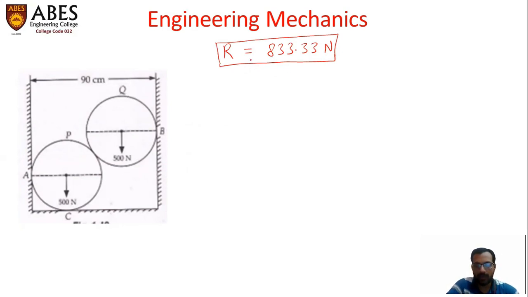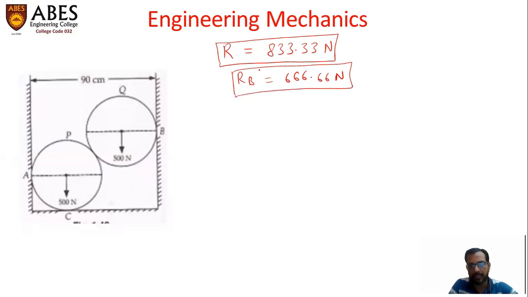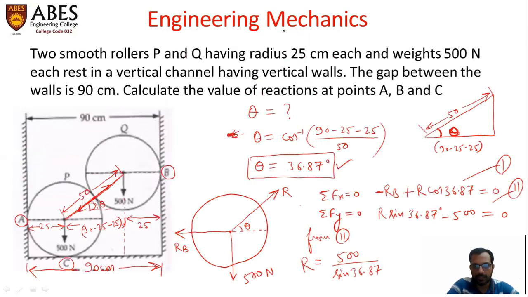Let's put the value of R in any one of these two equations. We get RB equals 666.66 newtons. How do we get this value? By putting the value of R in either equation 1 or 2.